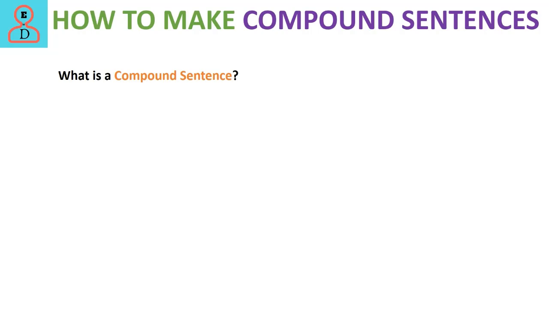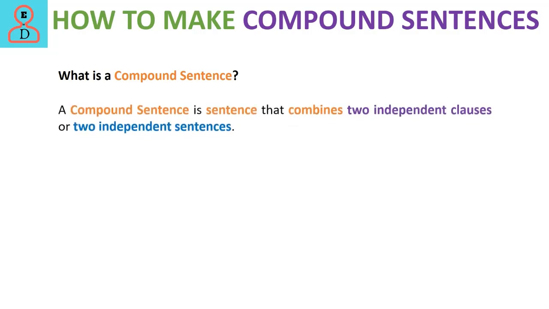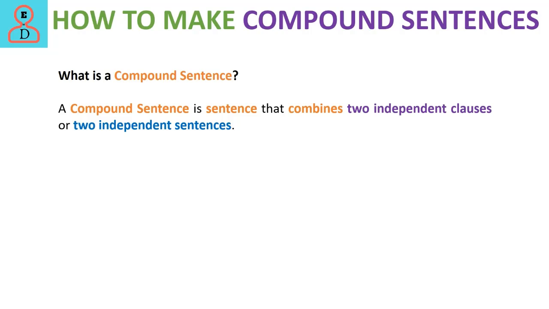Now comes the second type, compound sentence. A compound sentence is a sentence which simply combines or joins two independent sentences or clauses. See the example.